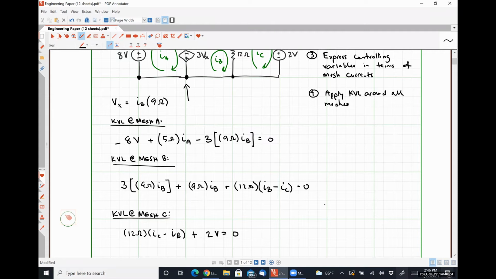So yeah, we technically could solve those 2 as a system and then use the result to solve for mesh current A. Yeah, in this particular instance, the way I've drawn it, absolutely.